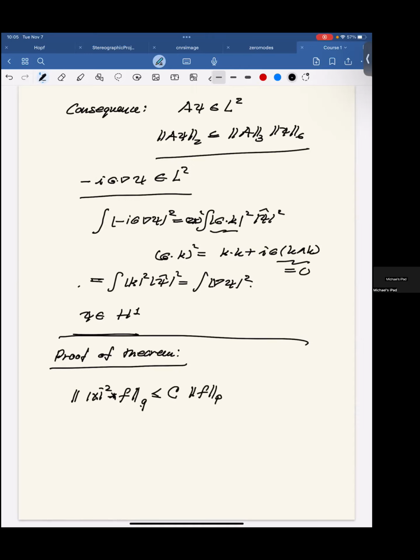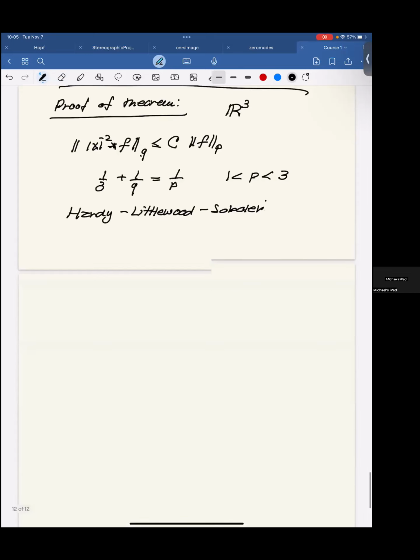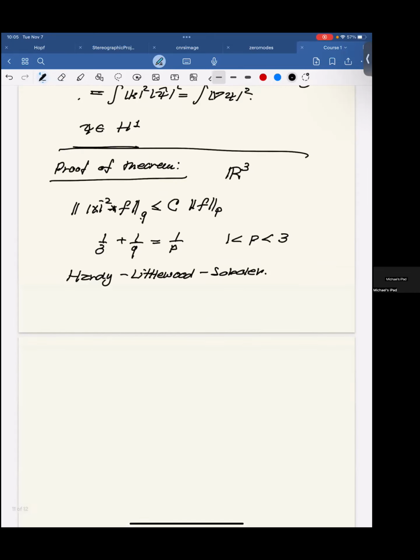And remember, we are always in R^3. So you learn that 1/3 plus 1/q equals 1/p. And p must be strictly greater than 1 and strictly less than 3. This is the Hardy-Littlewood-Sobolev inequality. Well known. I will abbreviate this HLS.